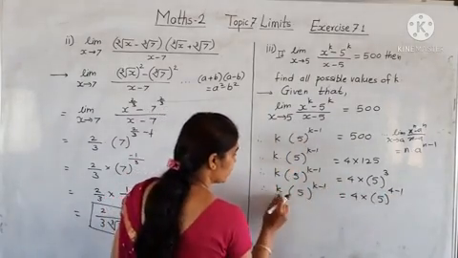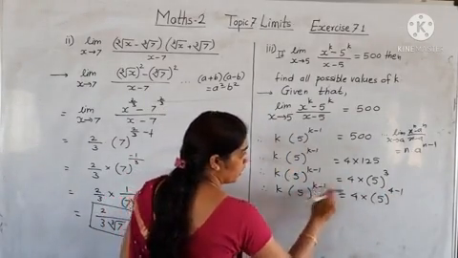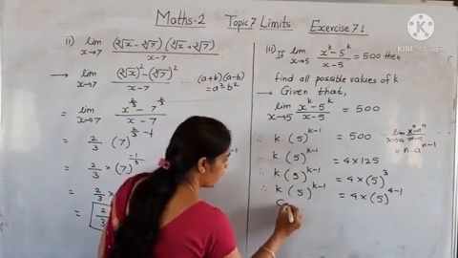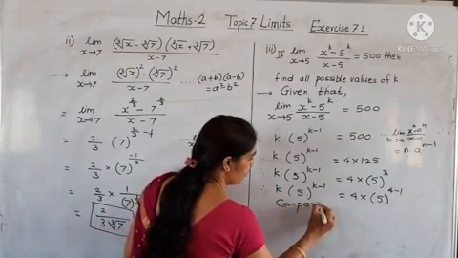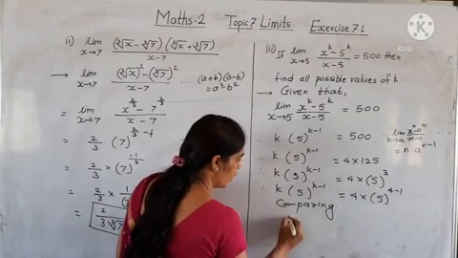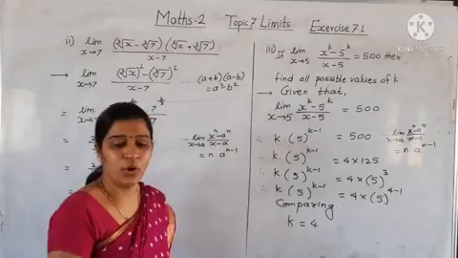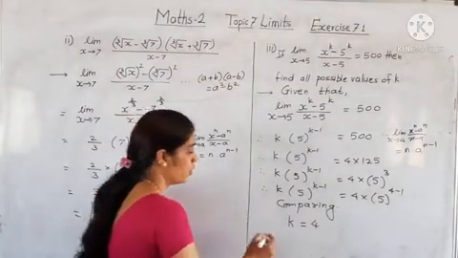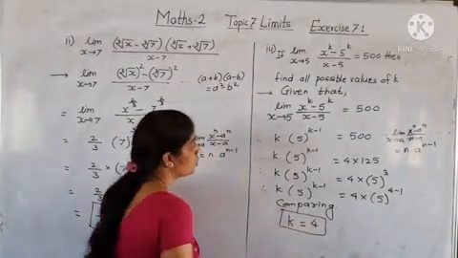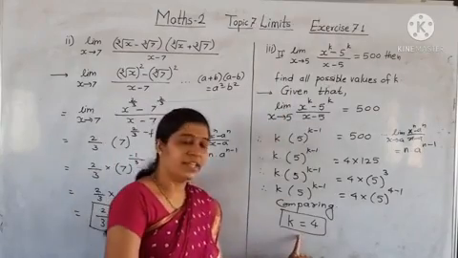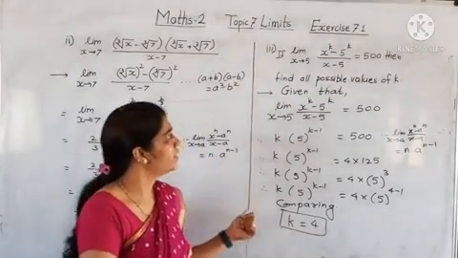Now observe here, what is k here? 4. Here k is 4. Comparing, we get the value of k as 4. Okay, so our answer is that the value of k is 4. Okay, understand?